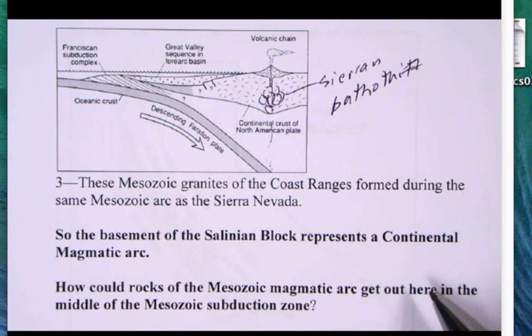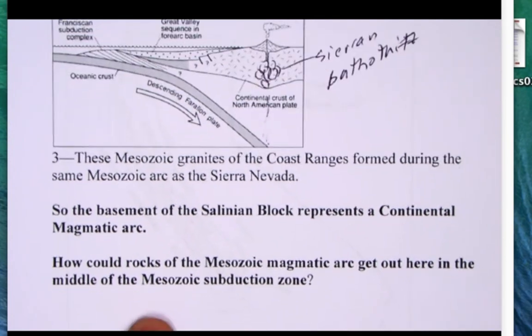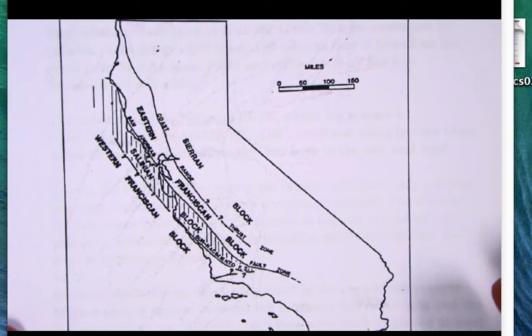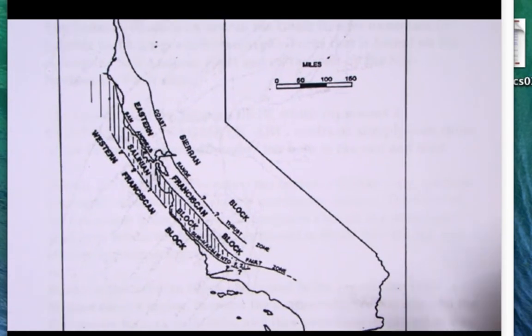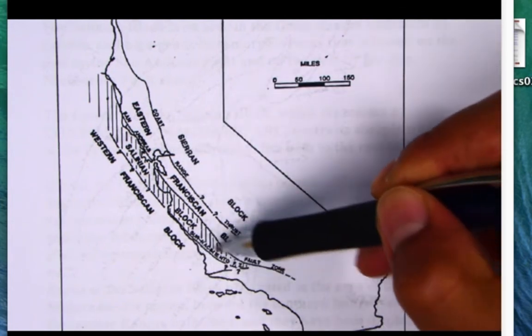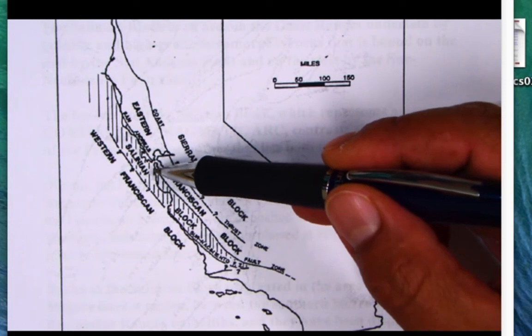So how could these be exposed out here in the middle of a Mesozoic subduction zone? And of course, it's the San Andreas transform fault. I've shown you this figure before, where we have the eastern block of the Franciscan and the western block, and sandwiched in between here is the Salinian block. And the key thing, it's exotic.